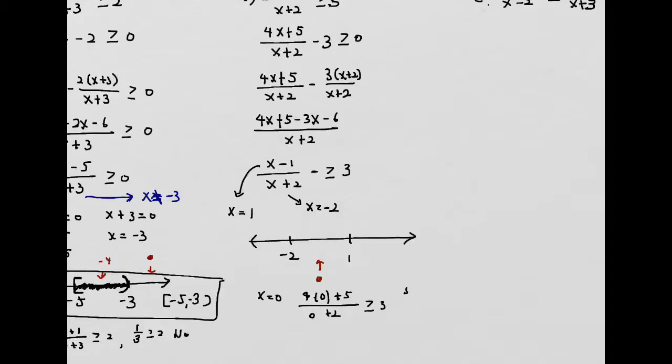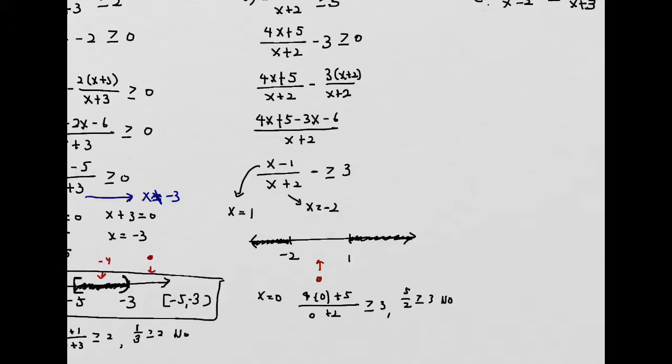So you get 5 over 2 is greater than or equal to 3. Well, that's not true. 5 over 2 is 2.5, which is not greater than 3. So the area that contains 0 is not a solution. So one on the left side and one on the right side should be the solutions. And if you don't believe me, you can also try different points from those two areas.